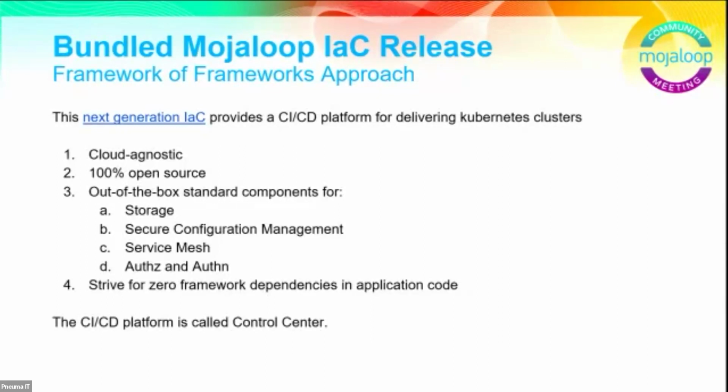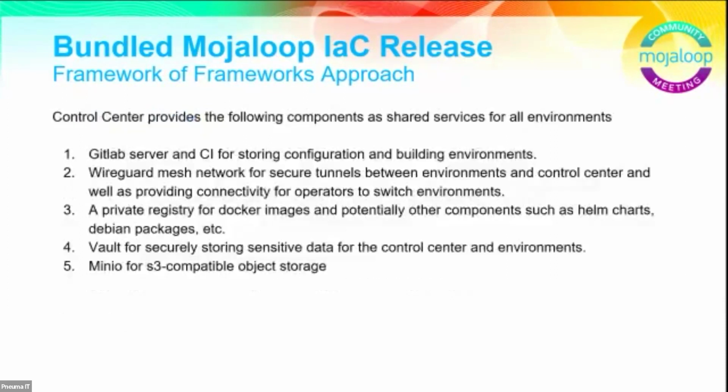So we need storage, we need a service mesh, we need the security, not just for authentication and authorization, but also for configuration management. So what we're trying to do is not have any of those dependencies in the application code, but provide all those services within the platform so that when you deploy this, you're able to deploy it in a secure fashion that an operator would expect to have from this product.